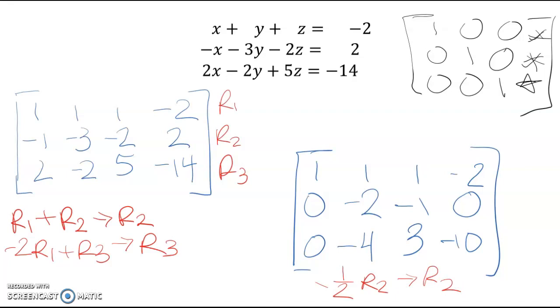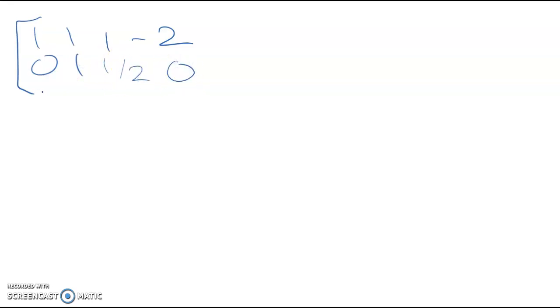So then I will get -1, 1, 1, -2, 0, 1, 1/2, and 0, and 0, -4, 3, and -10.